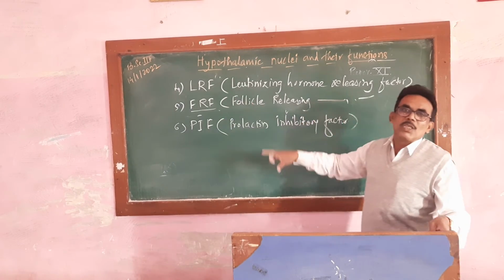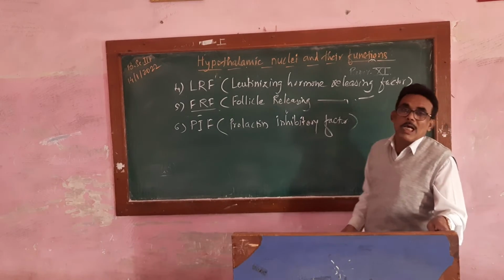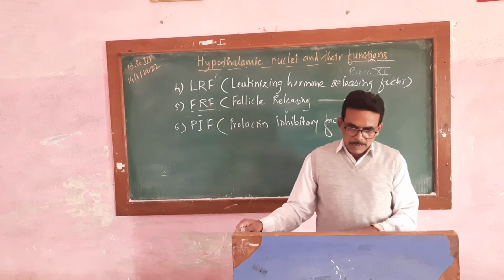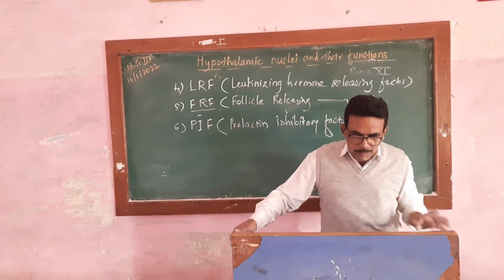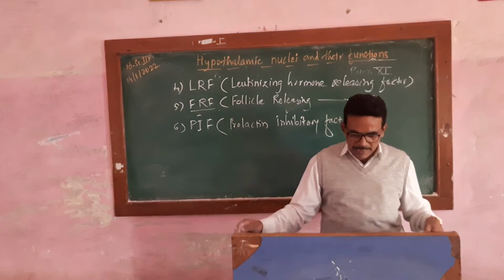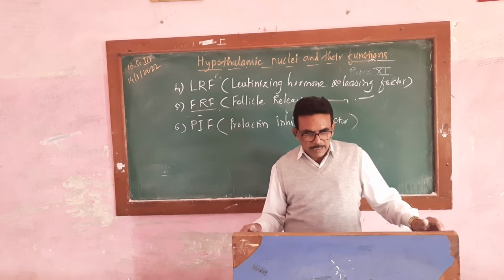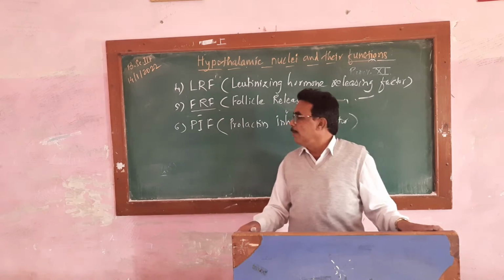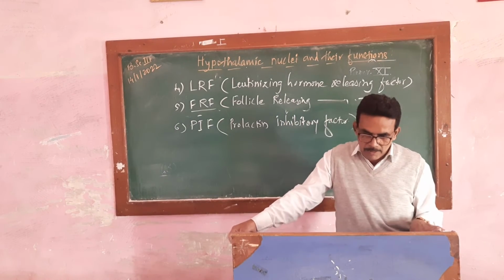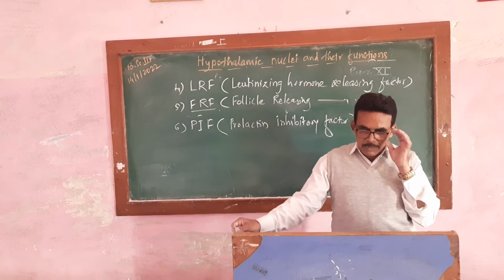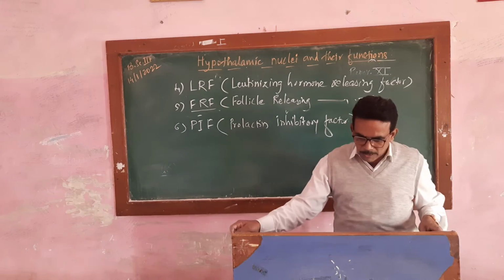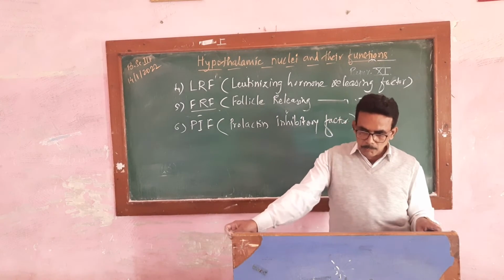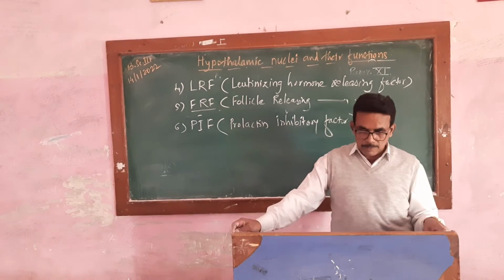Because of the powerful effect of these factors on the adenohypophysis, the major control of the anterior pituitary gland is exercised through stimulation or inhibition by the many neural control centers in the hypothalamus, which in turn regulate the output of the hypothalamic releasing and inhibitory factors.